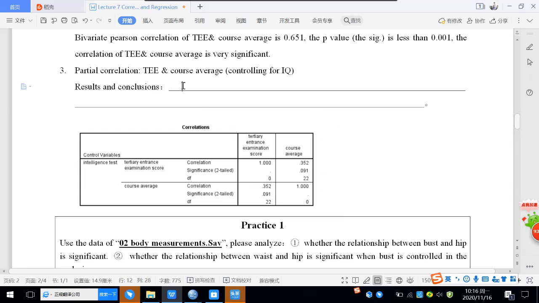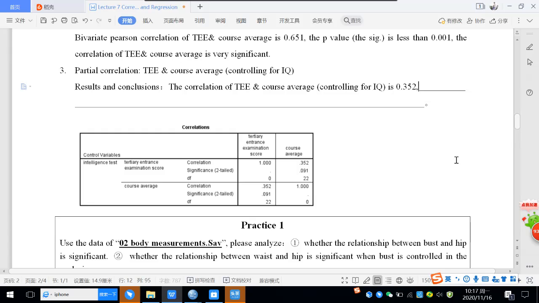Then when IQ is controlled, the correlation of TEE and the course average is, look here, 0.352.